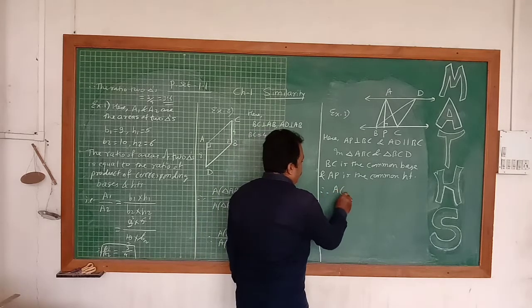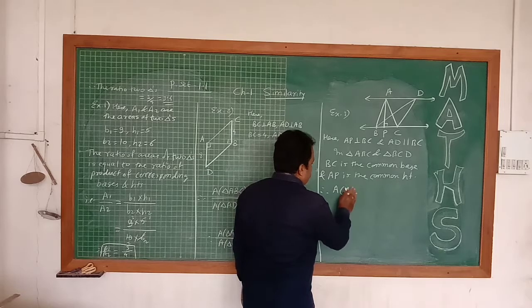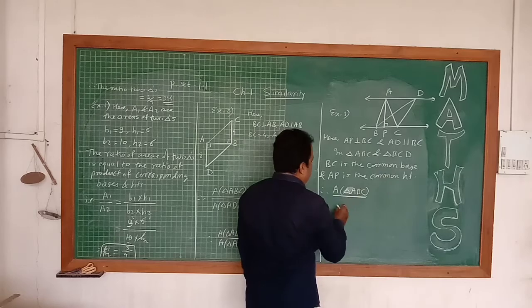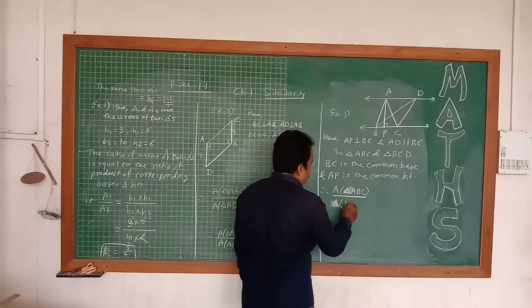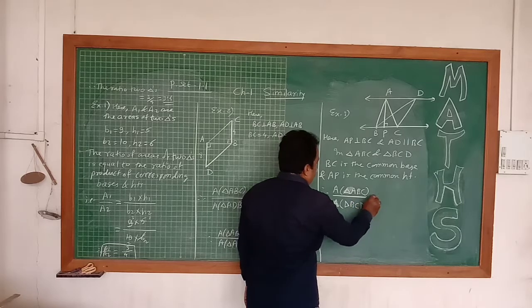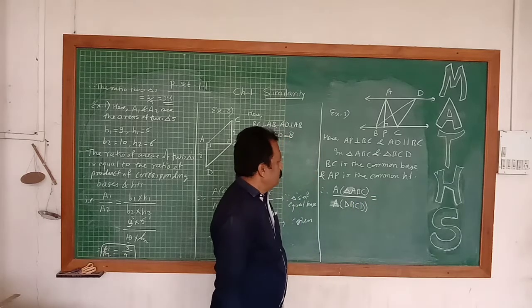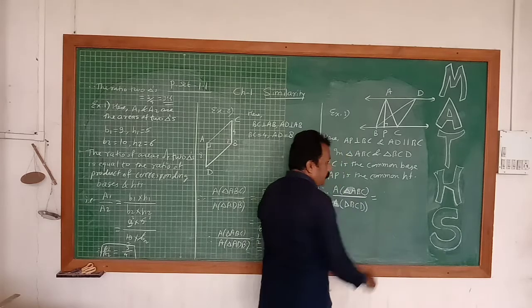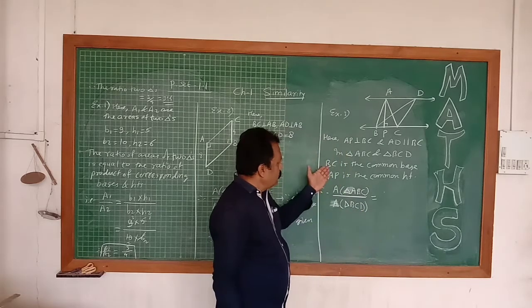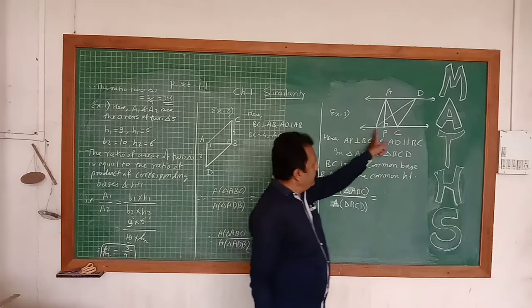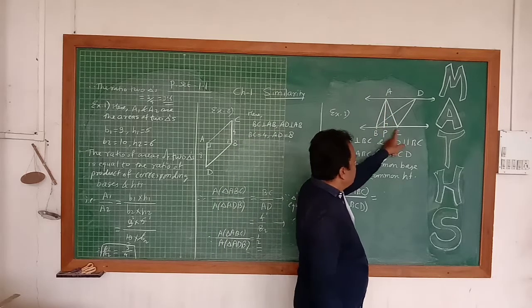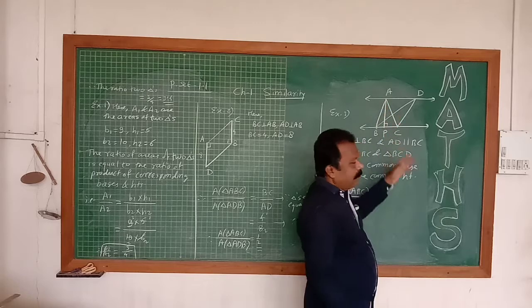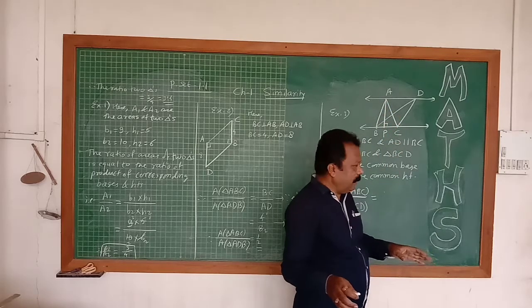Therefore, area of triangle ABC divided by area of triangle BCD is equal to, directly we can write 1 upon 1, otherwise BC into AP, BC into AP, both are cancelled.